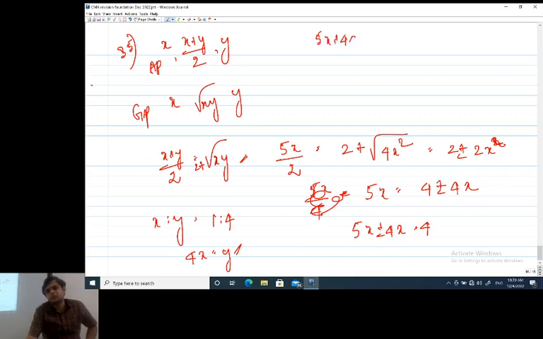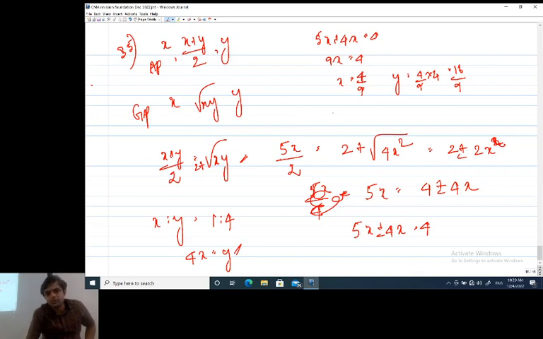5x plus 4x equal to 4. 9x equal to 4, x is 4 by 9. Now what is y? y is 4x, which is 16 by 9. That is one solution.